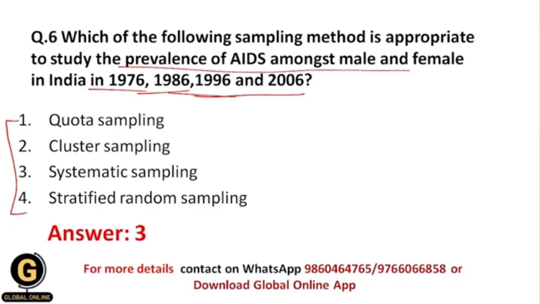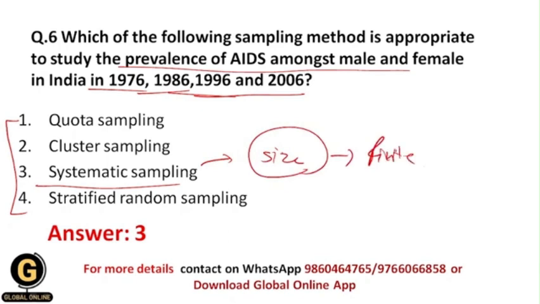So within the systematic sampling, we know the size of the population, right, which is finite. So now here the researcher wants to understand the prevalence of AIDS, right, amongst male and female candidates in India, and as well here it has mentioned some years like 1976, 1986, 1996 and 2006. So each and every year India announces the population of the people in India in that year, right?